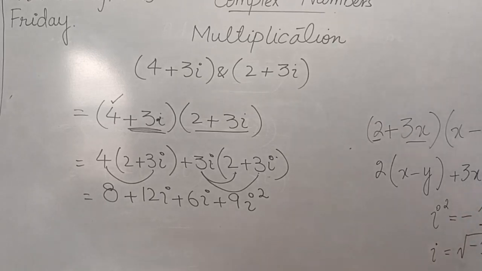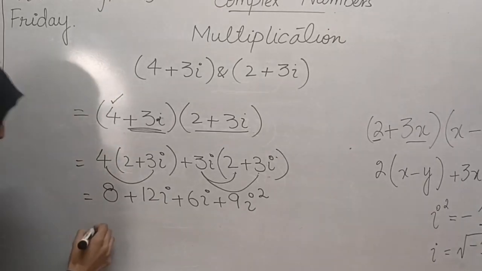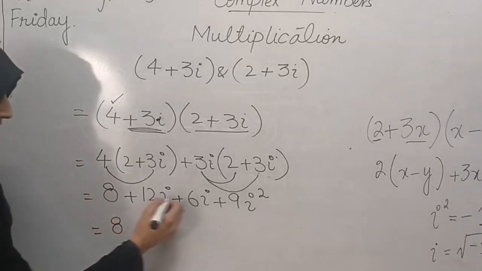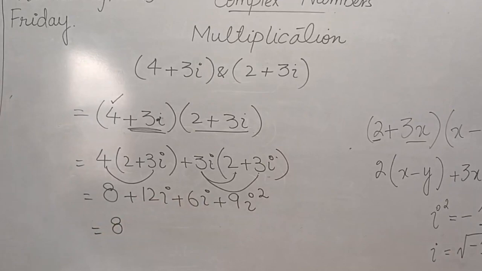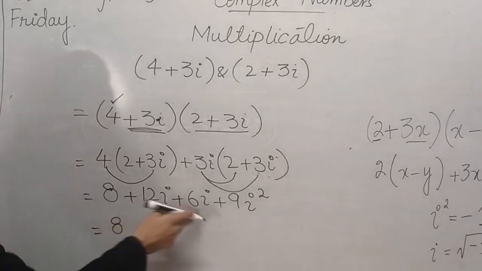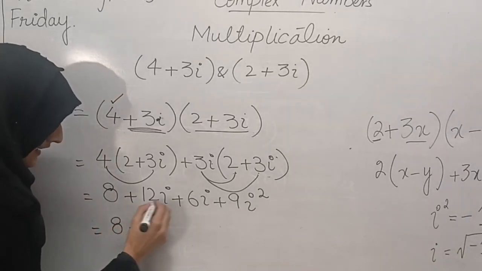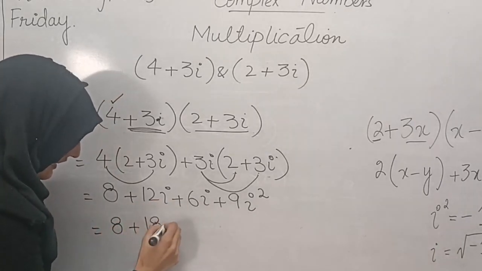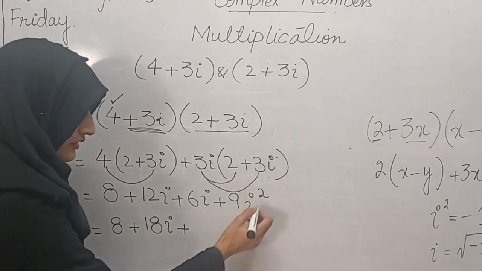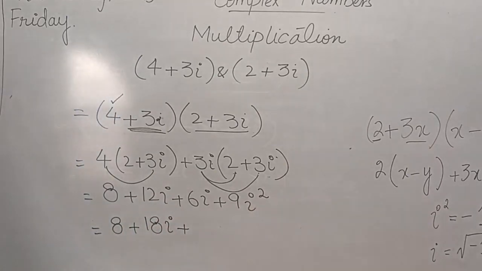So in multiplication, we will simplify. This is 8. Imaginary numbers can be added with imaginary numbers. So 12 plus 6, both are imaginary numbers, so we can add them: 12 plus 6 is 18 iota. This is iota square. What will we do?